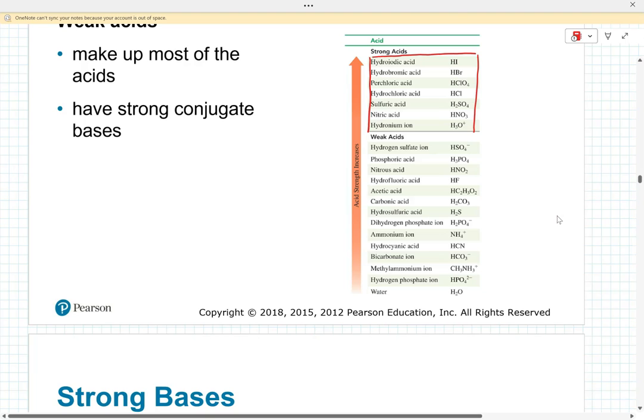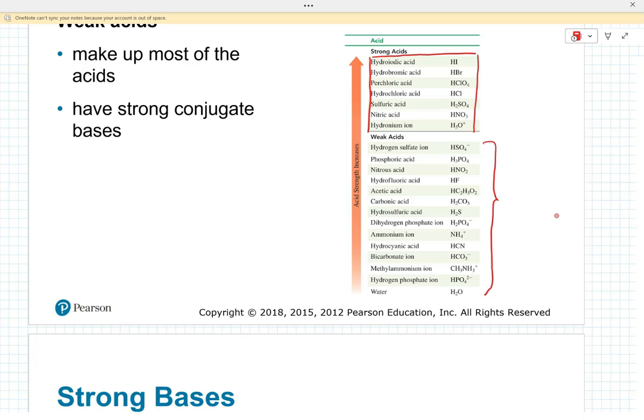There are some organic acids that are fairly strong, but we're not getting into these weeds. And you can see how strength falls as we move down this table.